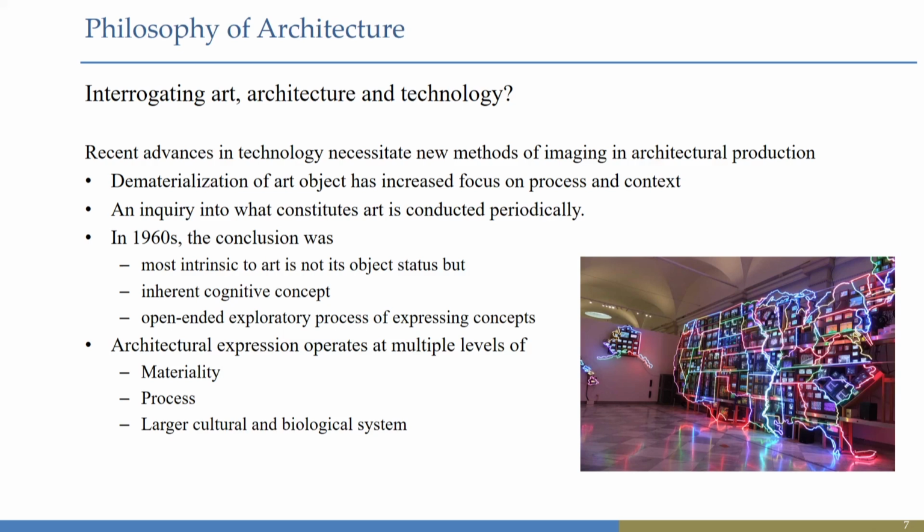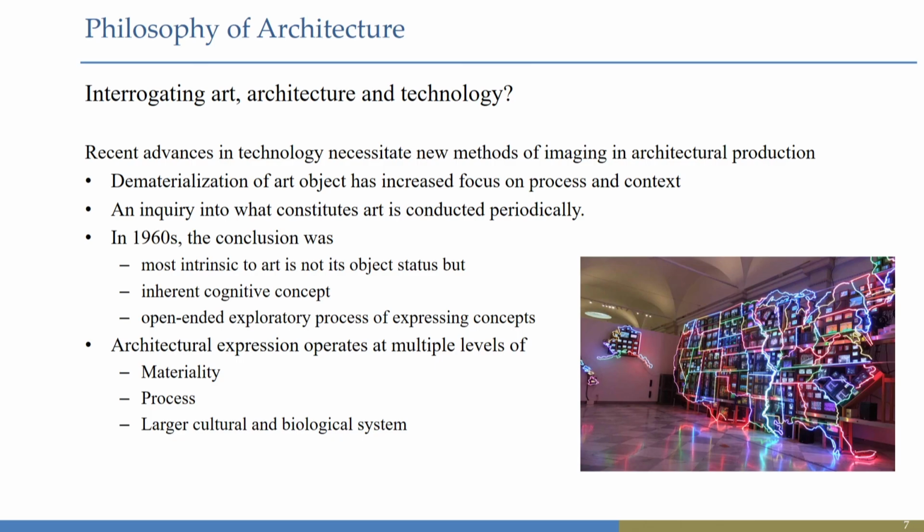Therefore, we must look at how we have thought of art itself and what constitutes art. As we have progressed, we have defined art differently. In the 1960s, when thinking about art was going on, the theories said that most intrinsic to art is not its object status, but its inherent cognitive concept.